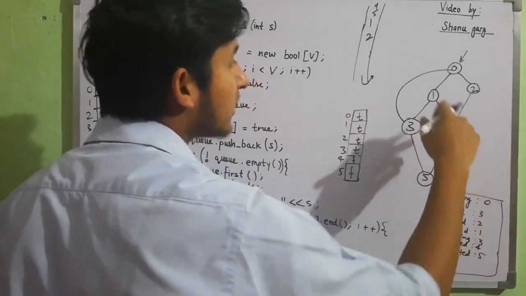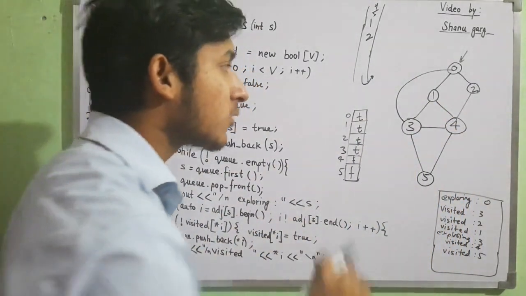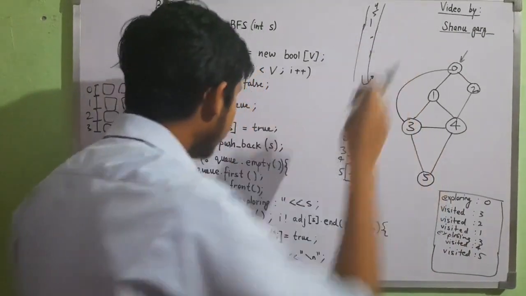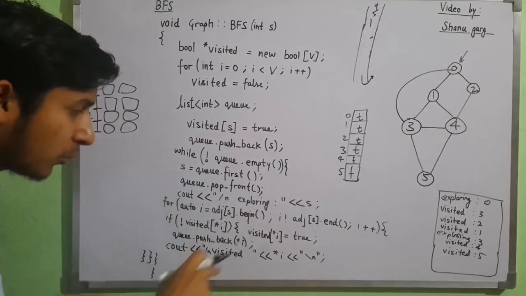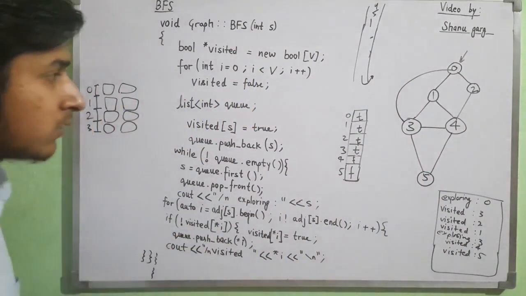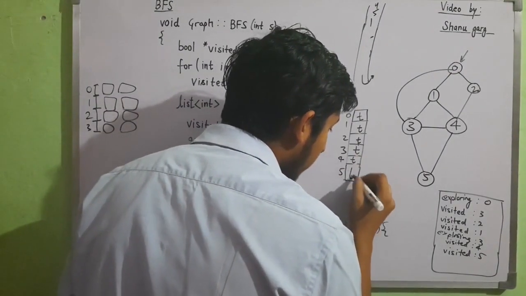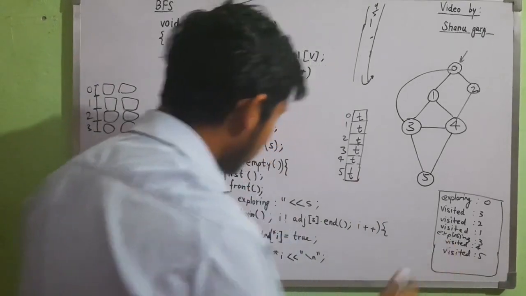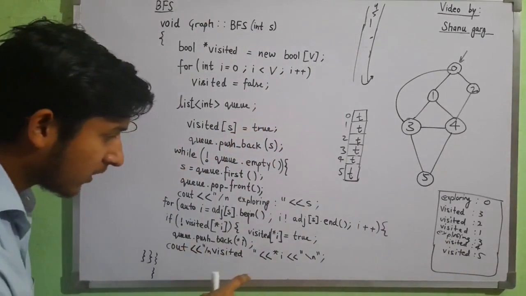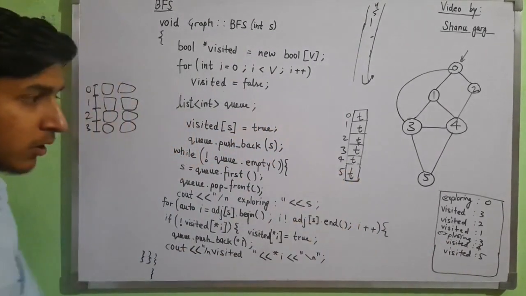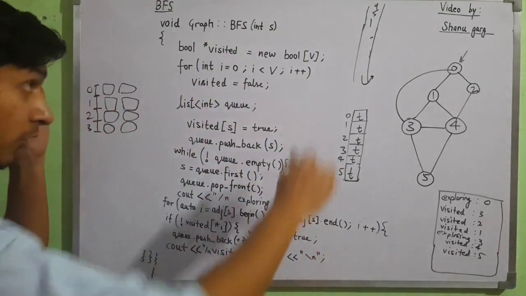Because 2 has no child node that's not visited by now, it will be popped simply, and this loop will not work because everything is visited. Okay, I forgot to mention this true, as I visited these. Before visiting, I am to mark them true. So I visited all. Now 2 will be popped.